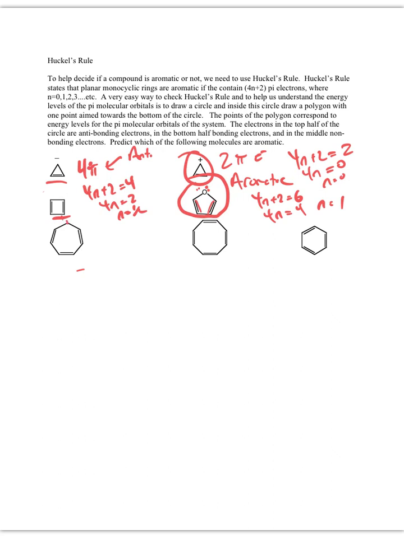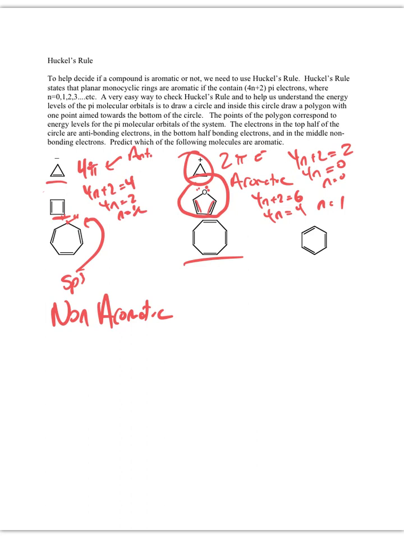And we look at that carbon right there. We have an sp3 hybridized carbon because there are 2 hydrogens off of it. So we know with that sp3 hybridized carbon, we don't have a continuous pi framework. So this is non-aromatic.